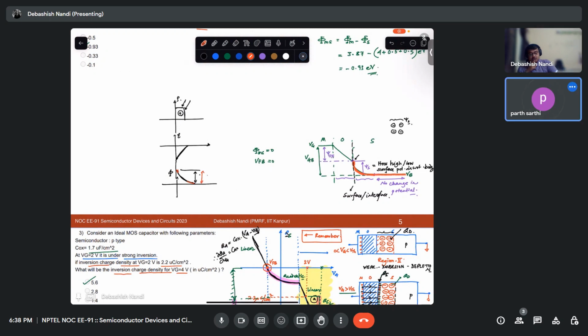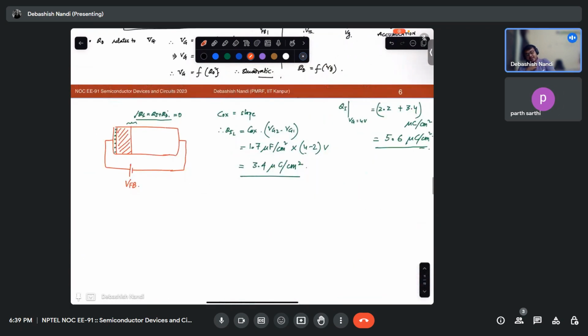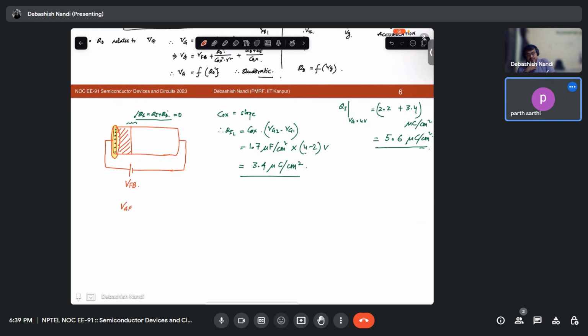So if your bands are flat, by default you can assume that there is no charge in the semiconductor, right? Yes, sir. So what about the gate charges? How will this get compensated? This has to be compensated, right? Yes, sir. So your VGB is equal to VFB plus psi ox plus psi s.